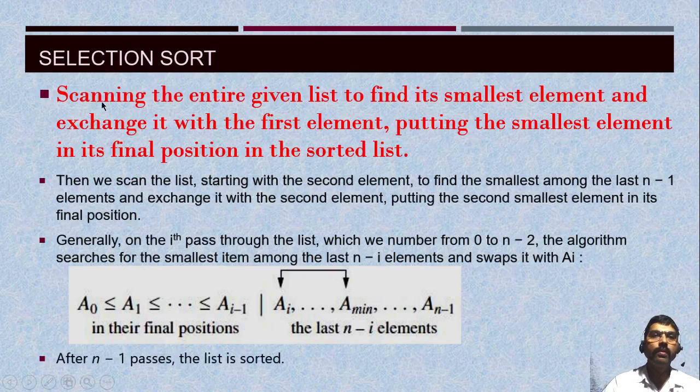Now see, we scan the entire given list to find its smallest element and exchange it with the first element, putting the smallest element in its final position in the sorted list.